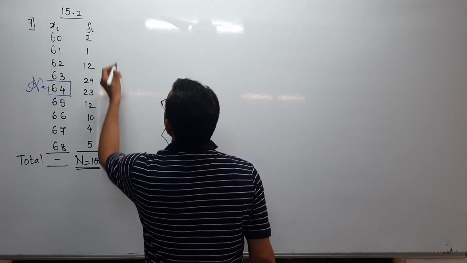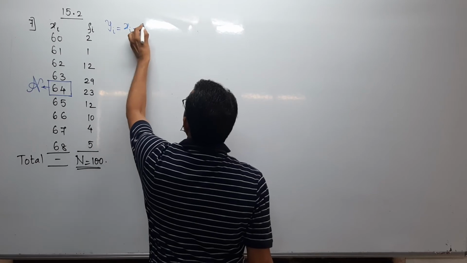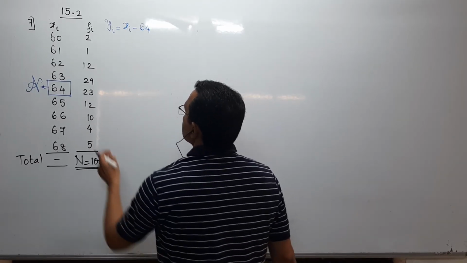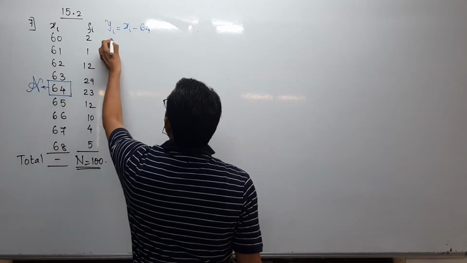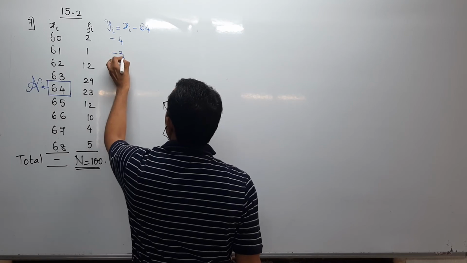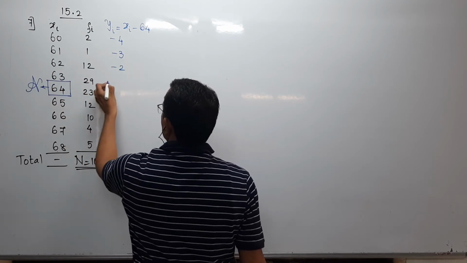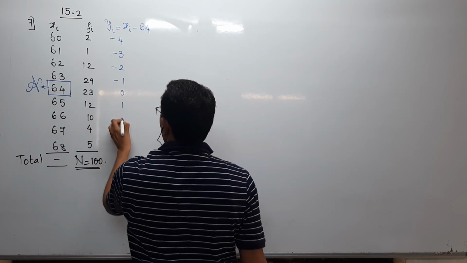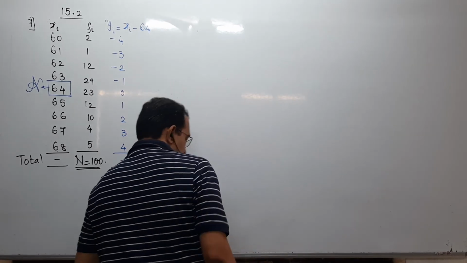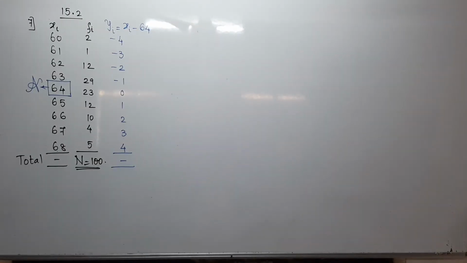So I am writing yi is equal to xi minus a. 60 minus 64 is minus 4. 61 minus 64 is minus 3. 62 minus 64 is minus 2, then minus 1, 0, 1, 2, 3 and 4. This total is not required, students.